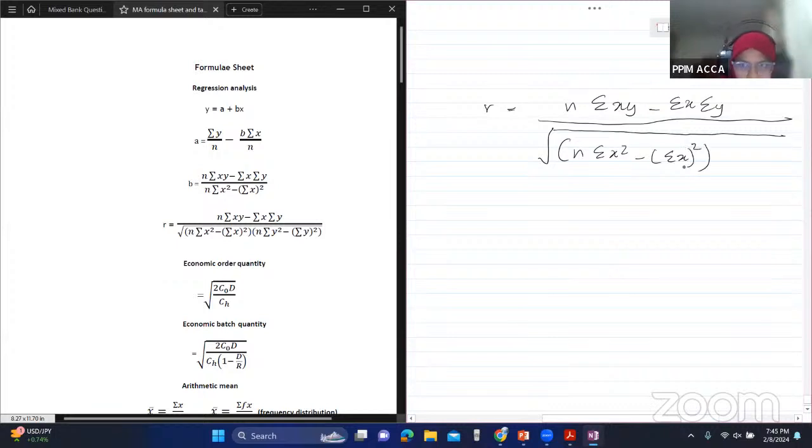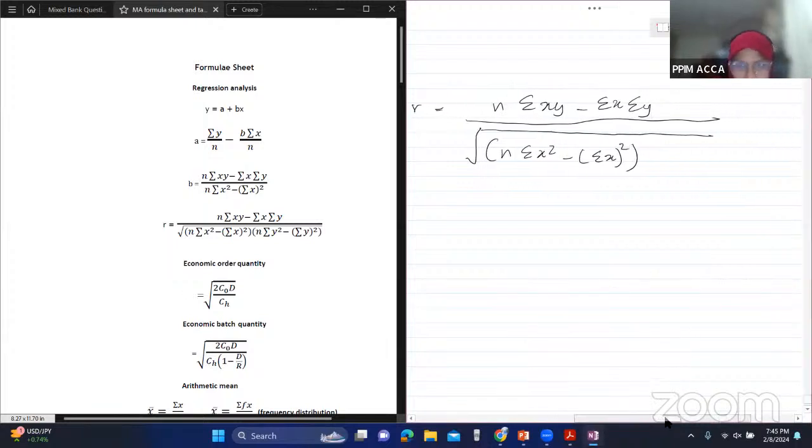Okay, then we are closing this bracket. Then we are opening the second bracket. N times sigma y squared minus sigma y, the whole thing, we're squaring it. Okay, so that's the equation.